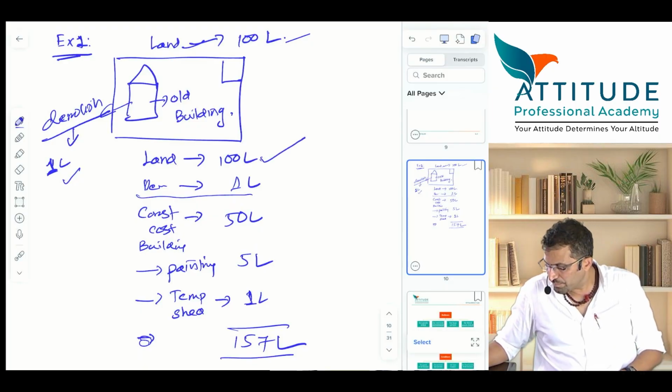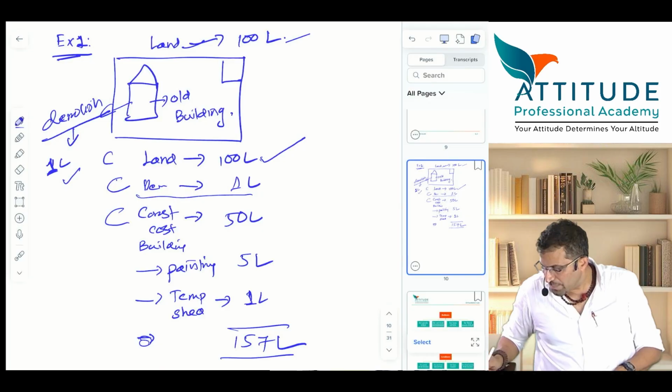Land, capital. Demolition cost, capital expenditure. Construction cost of the building, capital expenditure. Painting, sure? Painting, capital or revenue? Anybody says revenue? Why? Confusion.